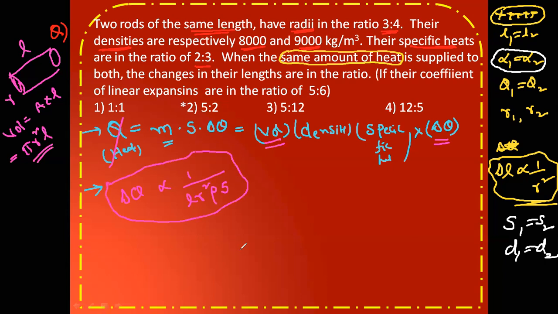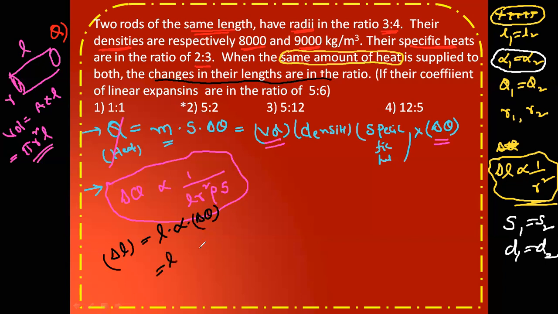But what is the question they are asking? They ask you to find the changes in the length. That means they ask you to find the delta L value. What is the formula for delta L? Delta L is equal to L into alpha into delta theta.